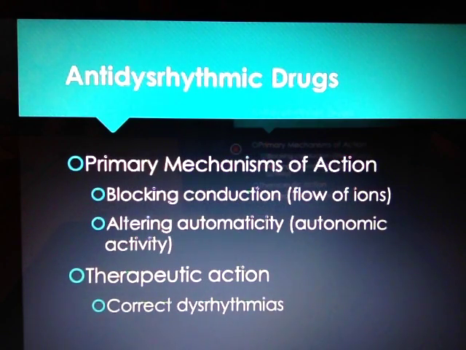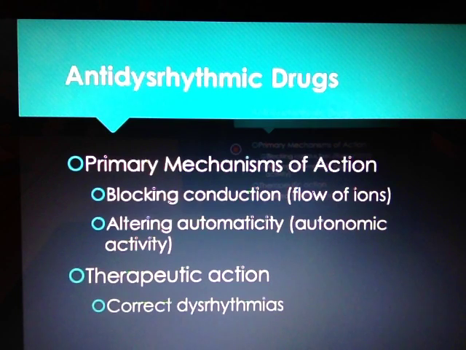The primary mechanisms of action of antidysrhythmic drugs are, one, to block the flow of ions, and the other is to alter automaticity. Automaticity refers to the SA node. The SA node can work all by itself. It doesn't need any control by the autonomic nervous system. It can release this electrical impulse all by itself because it's called the pacemaker of the heart.